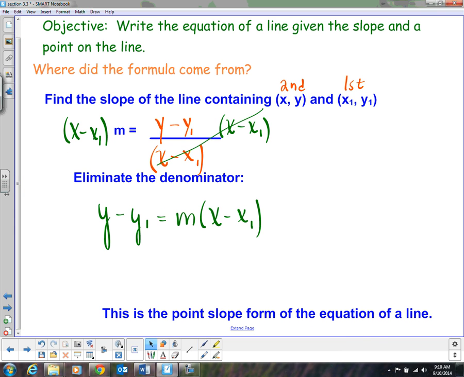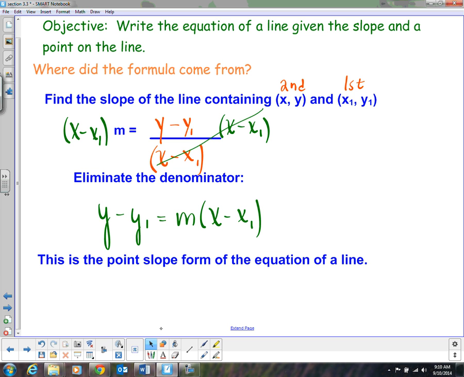This is the point slope form of the equation of a line. y1, slope, and x1 get substituted with numbers. The non-subscripted variables stay variables. I have really, really grown to like this point slope form of the equation.